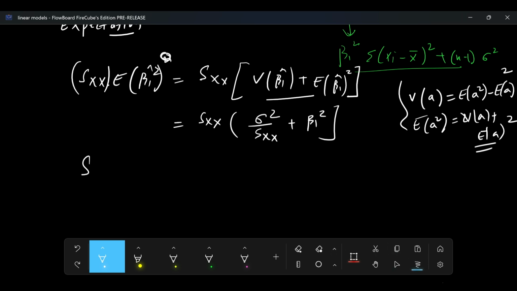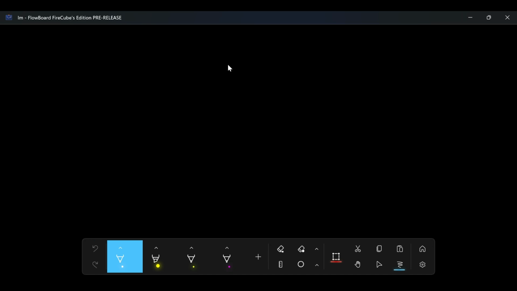So SXX expectation of beta1 hat square is equal to sigma square plus beta1 square SXX.